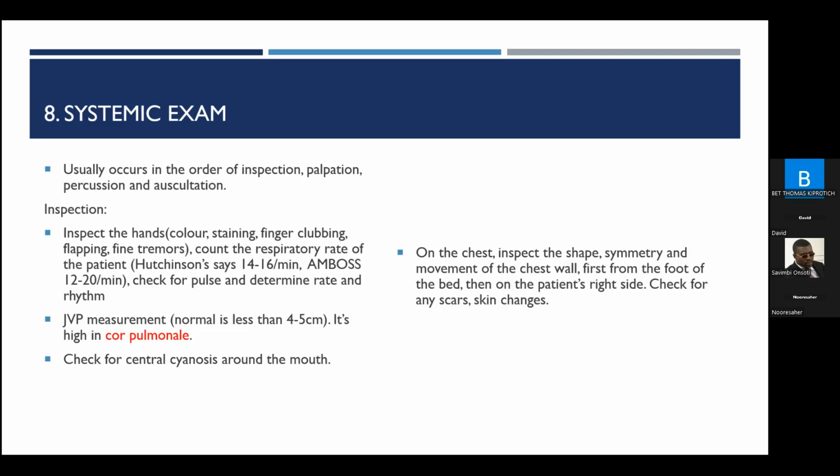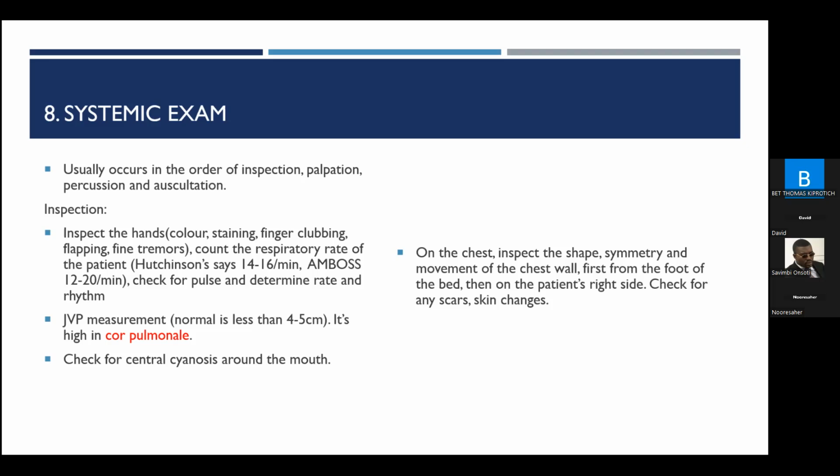Moving on, you check for the respiratory rate. This is done at the foot of the bed usually, or you can just do it while standing next to the patient. For this one, you'll have to do it in a subtle manner.